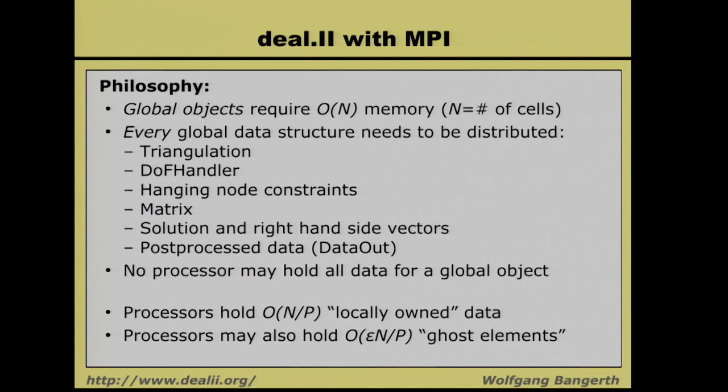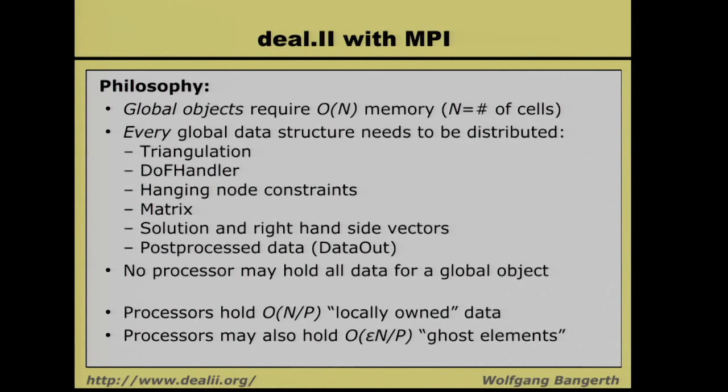And in practice, O(n) is really all we can afford. So let's say I have a problem where I need 100 million cells. Then I need to store 100 million cells somewhere, and obviously I cannot do this on a single processor.